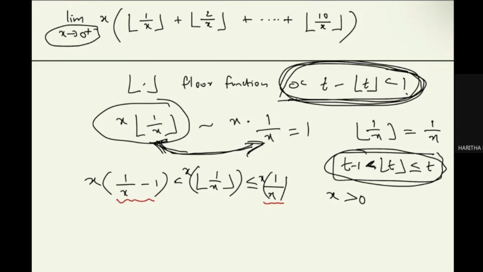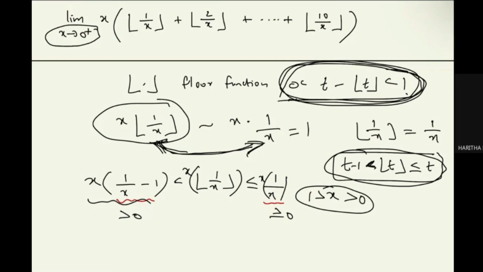But we don't care about x greater than 1, because we are looking at the limit as x tends to 0, so we only need to worry about a neighborhood of 0. When x is between 0 and 1, these are positive quantities, so this inequality makes sense.